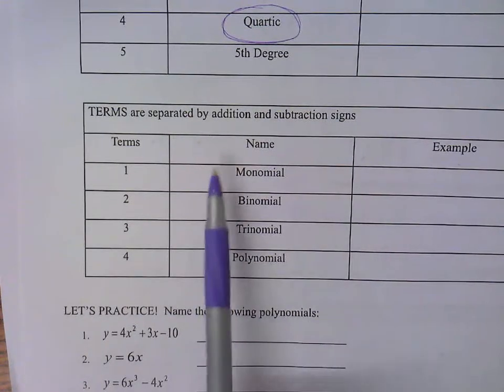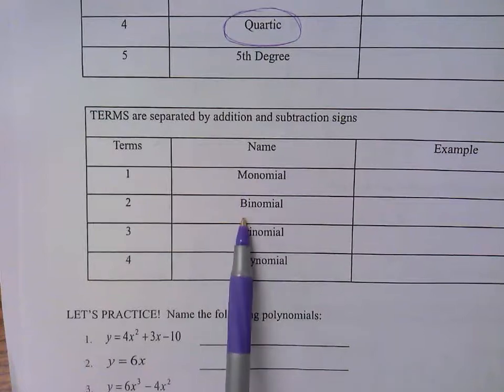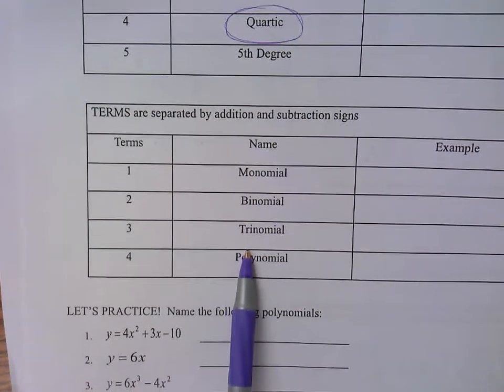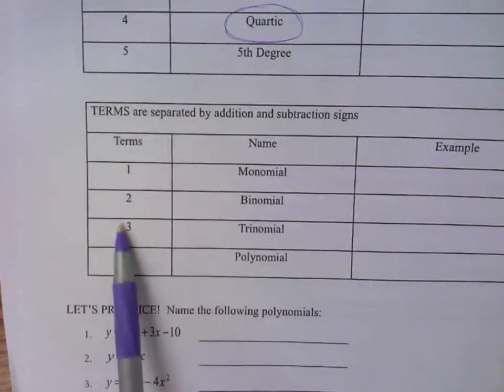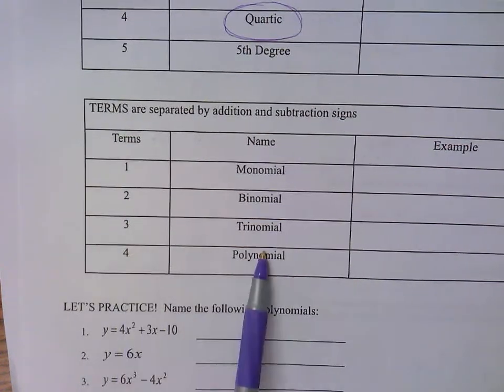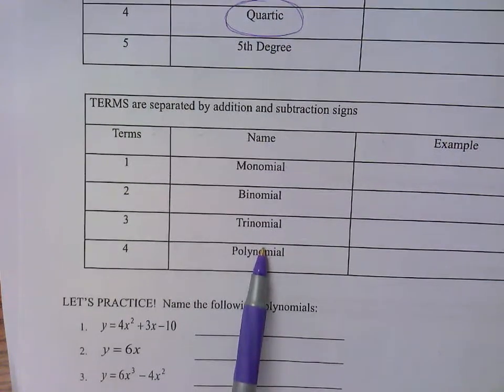And then I think you're pretty familiar with what a monomial, binomial, and trinomial is. Right? 1 term, 2 terms, or 3 terms. So the only new word is really anything that has more than 3 terms we call a polynomial, which gets a little bit confusing, right?